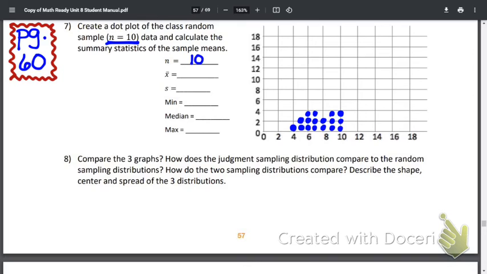We good? All right. We're going to calculate some statistics about all of these. That X bar means the sample average, or the sample mean.